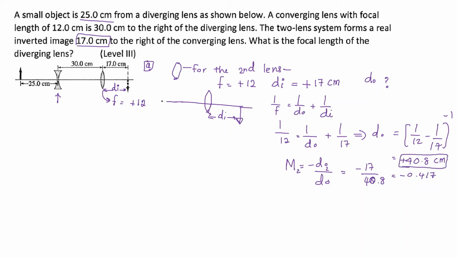That means your object is somewhere here, and also you can see the magnification we get is negative. That means the object was an upright one, and if you have an upright one, you get an inverted one, right? See, negative means that, right?